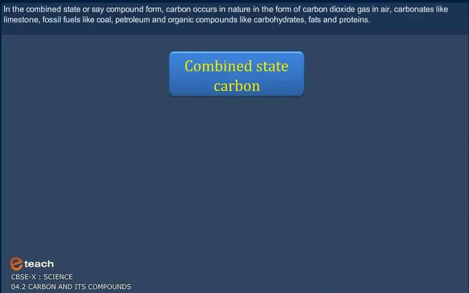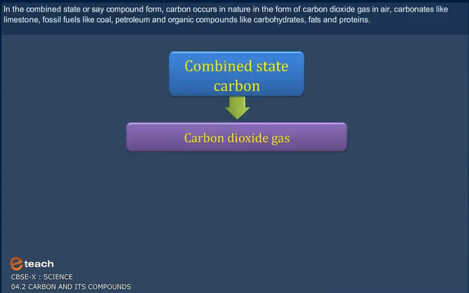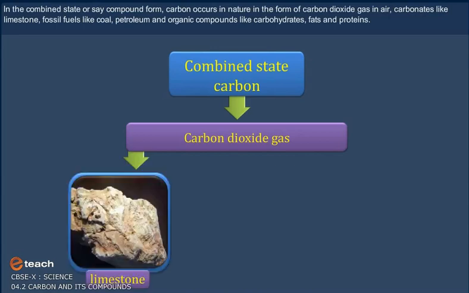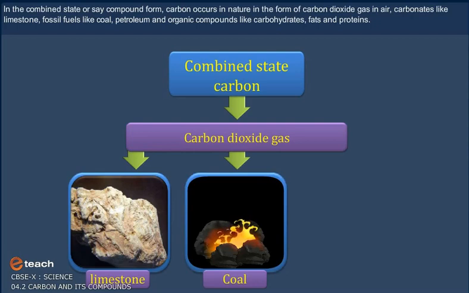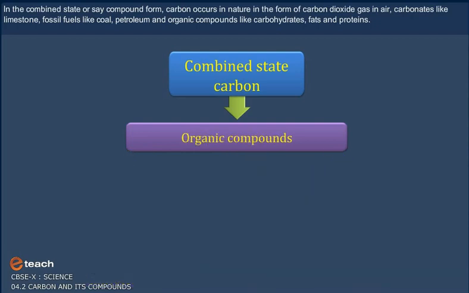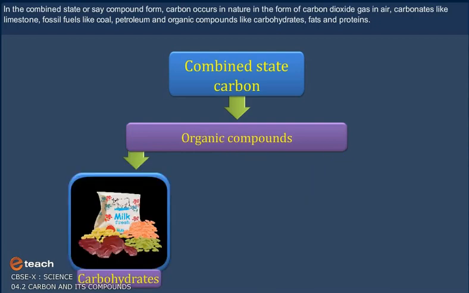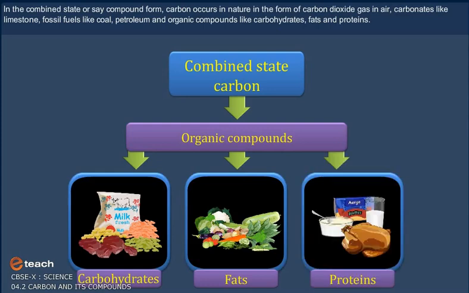In the combined state, carbon occurs in the form of carbon dioxide gas in air, carbonates like limestone, fossil fuels like coal and petroleum, and organic compounds like carbohydrates, fats, and proteins.